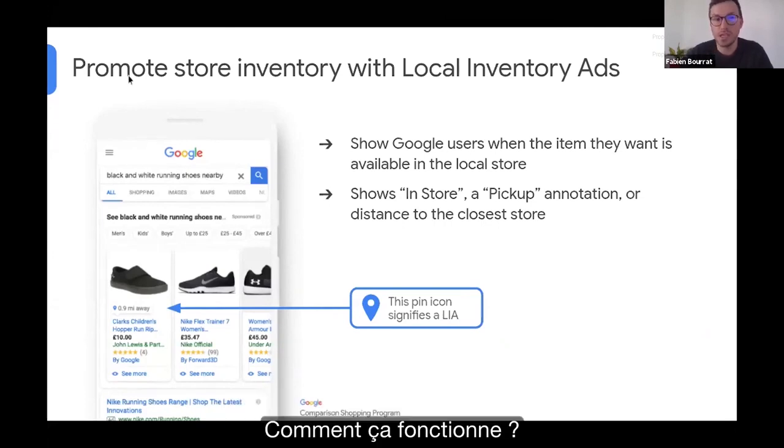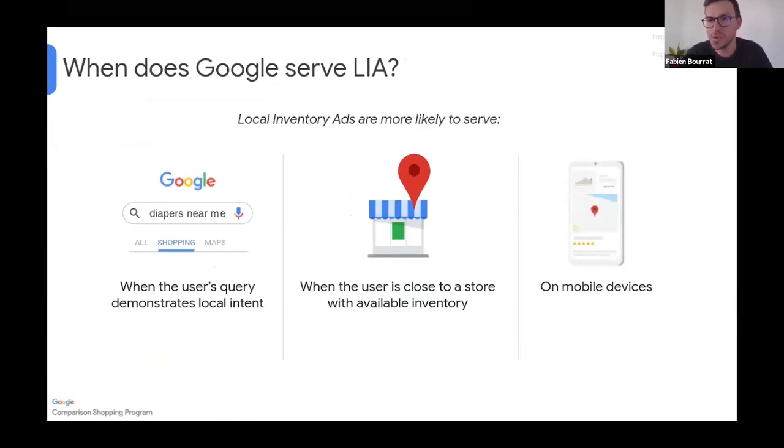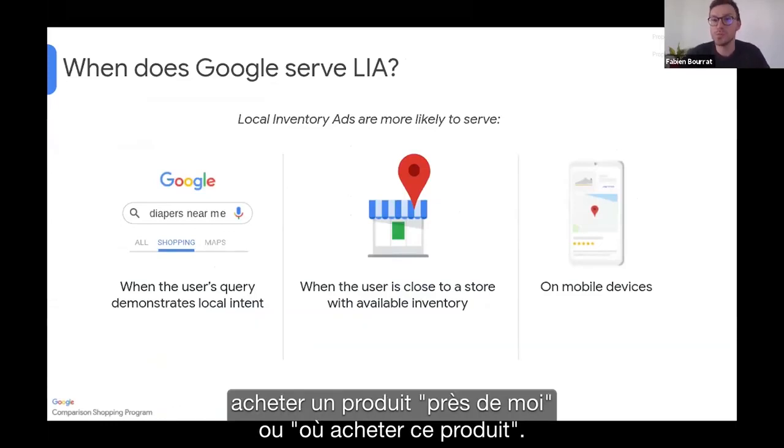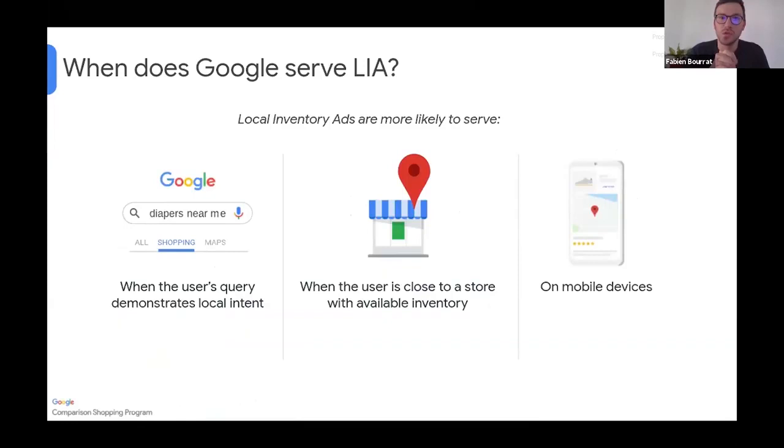So how it works: local inventory ads tend to serve when there is a local intent from the user, so looking to buy something near me, or where to buy a specific product. They tend to be displayed as well when a user is close to one of your shops.